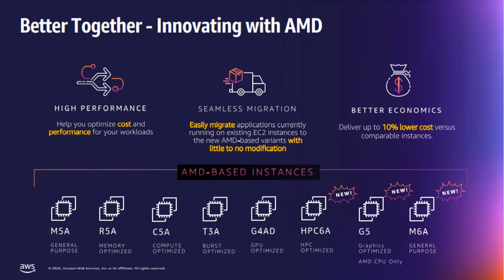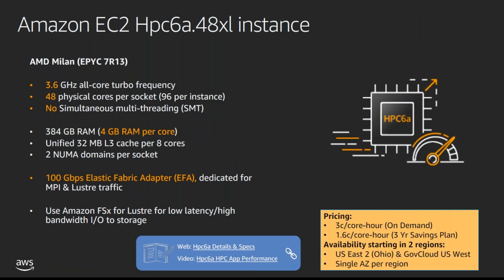AMD has a very strategic focus on HPC. We do a lot of work to optimize the performance of codes like Fluent and others that are supported by TotalCAE on AWS and Hpc6a, and we're really leading the industry when it comes to the price performance of these cloud-based compute instances.